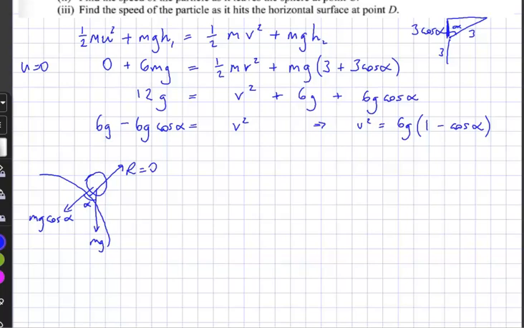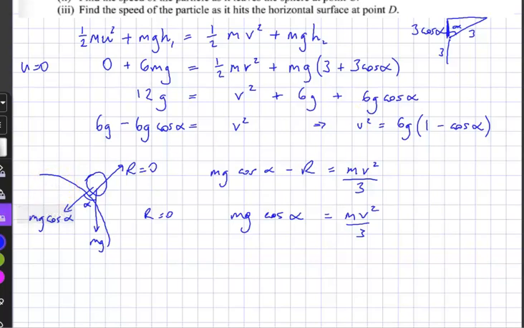Now our reaction is going to equal 0, but if we just write out our formula, we've got mg cos alpha minus R is equal to mv squared over r, so the radius, okay, not the reaction. So I'll put that 3 straight in there. And now if R is equal to 0, we end up with mg cos alpha is equal to mv squared over 3.